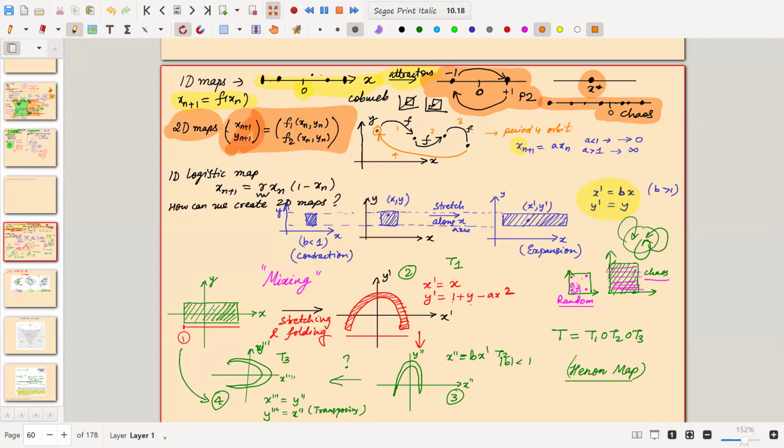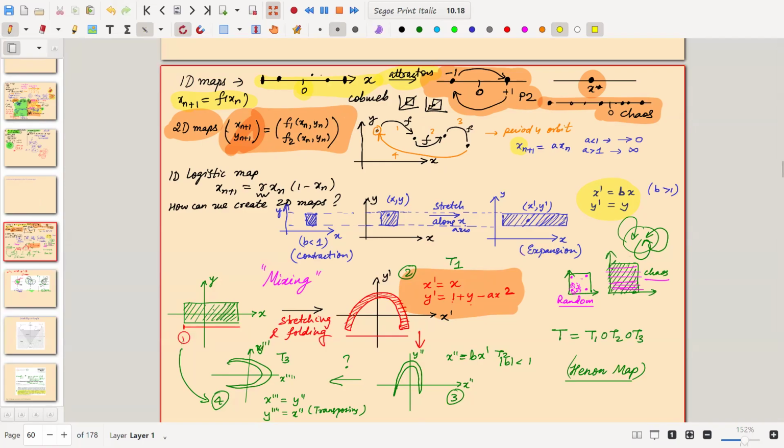So this is what I gave to the class last time, and I suggest the class do it now also, as a Python exercise. What to do? Create two arrays x and y, give their initial condition as say 0.1, 0.1, and iterate the map.